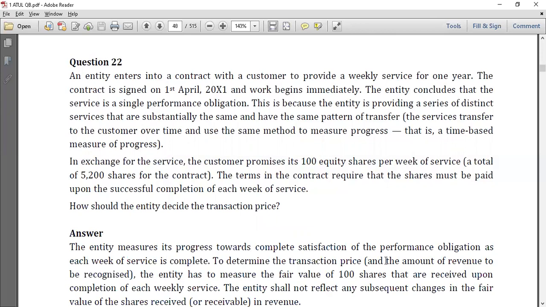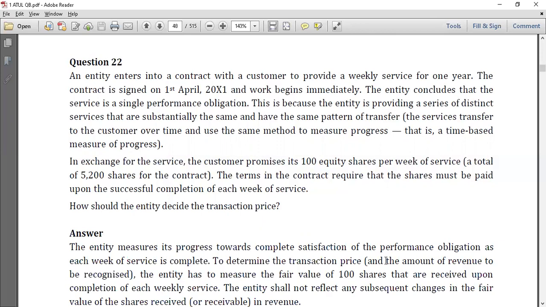And next, question number 22. Here, an entity is entering into a contract with a customer to provide a weekly service for 1 year. So the entity is giving a weekly service to a customer. The contract is signed on 1st April and the work began. Now here, the entity concludes that the service is a single performance obligation.